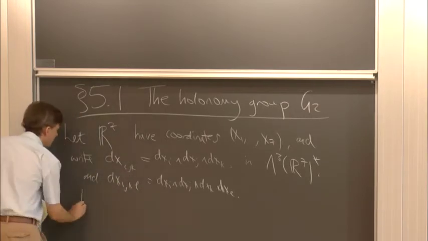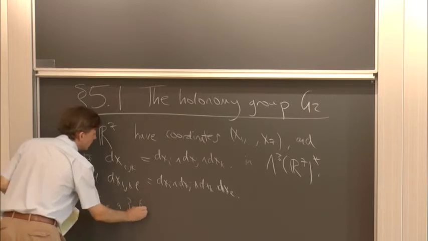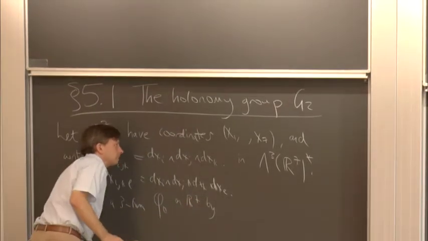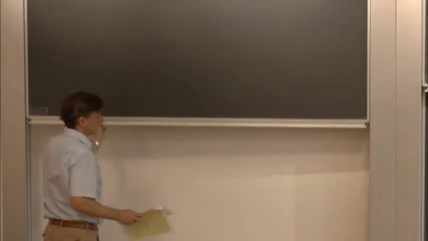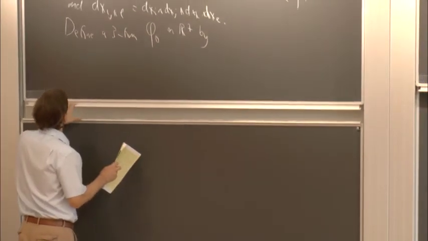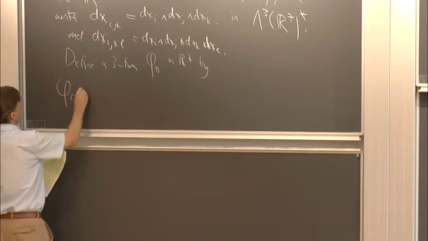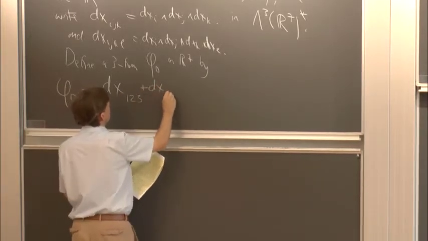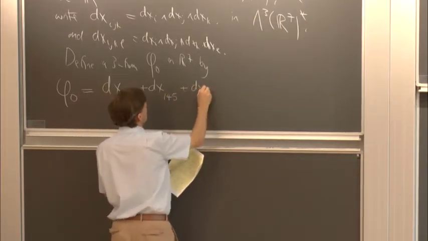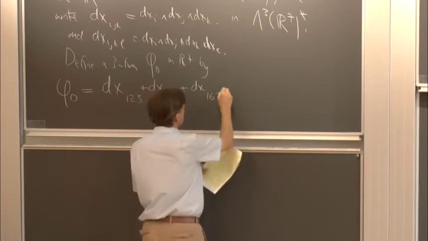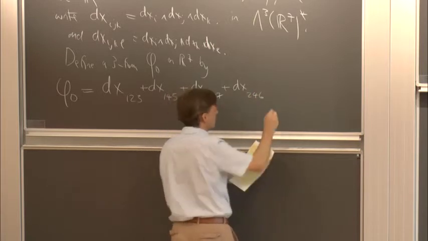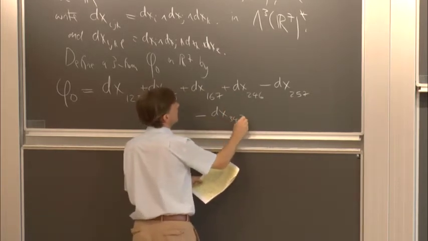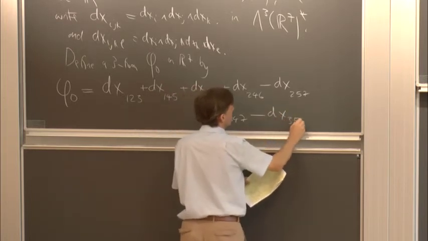So let's define a three-form phi_0 on R7. So phi_0 is dx_123 plus dx_145 plus dx_167 plus dx_246 minus dx_257 minus dx_347 minus dx_356.